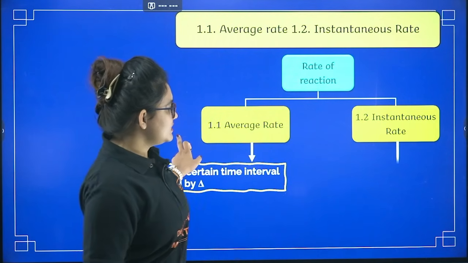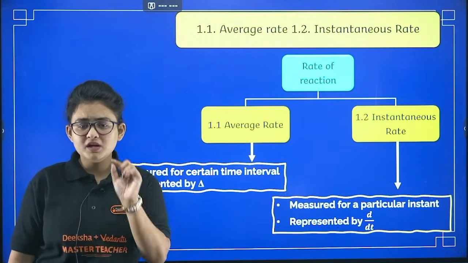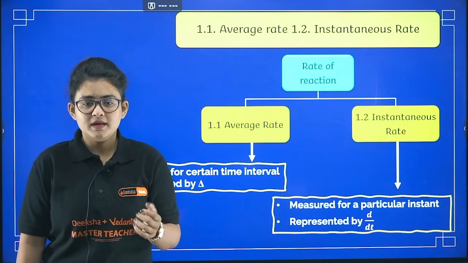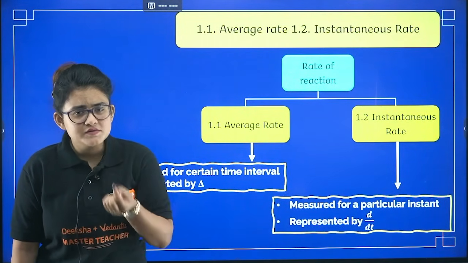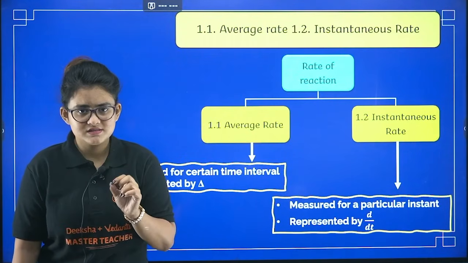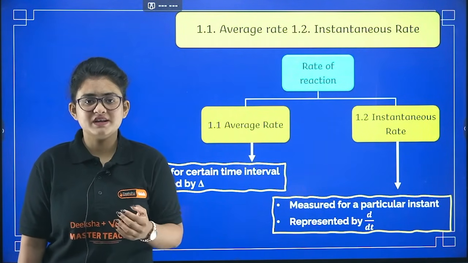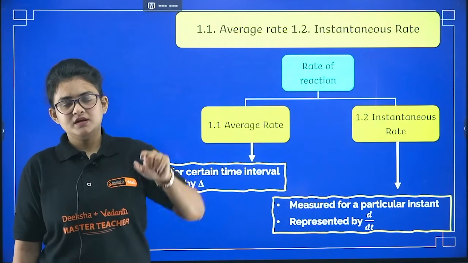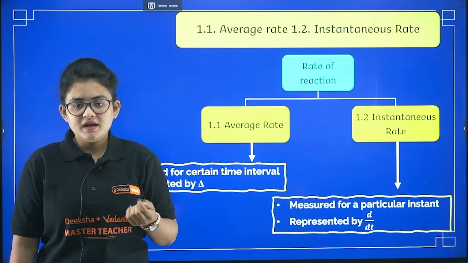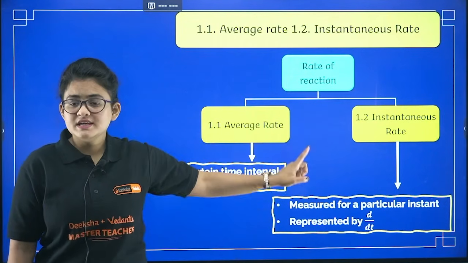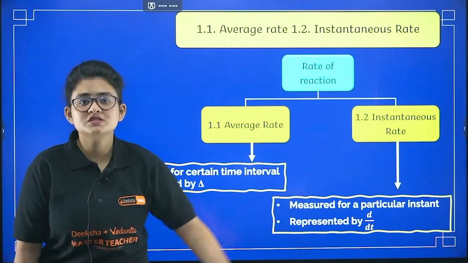Whenever it comes to instantaneous rate, it is measured at a particular instant of time. The reaction is going on, but for a very small instant of time, like 0.003 seconds, if you want to find the rate at that time, very small duration, in those cases we use the instantaneous rate, and here we use dc/dt, meaning differential change.